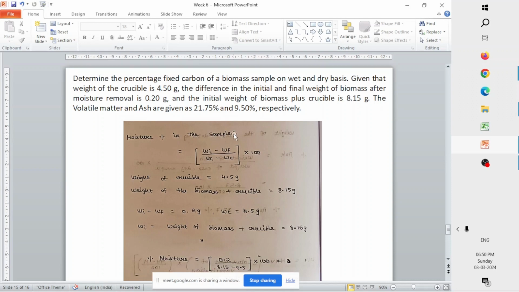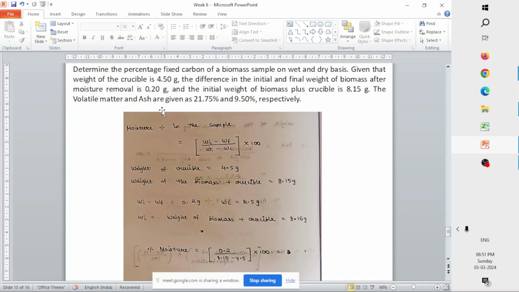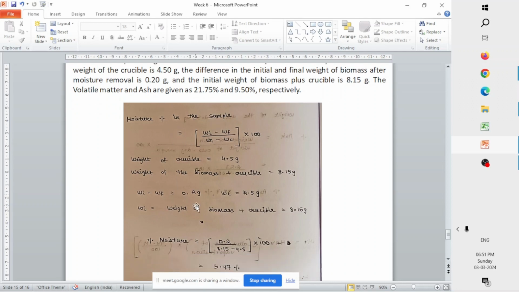Wi and Wf are the initial and final weight of biomass after moisture removal, their difference is given as 0.2 grams, Wc, the weight of your crucible, is given as 4.5 grams, and the initial weight of biomass plus crucible is given as 8.15 grams.